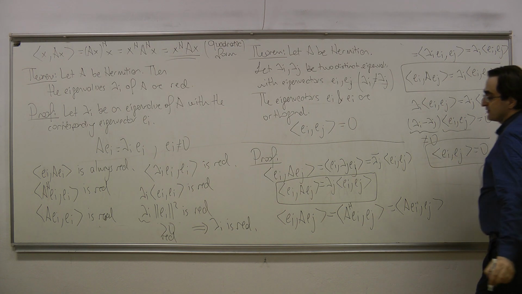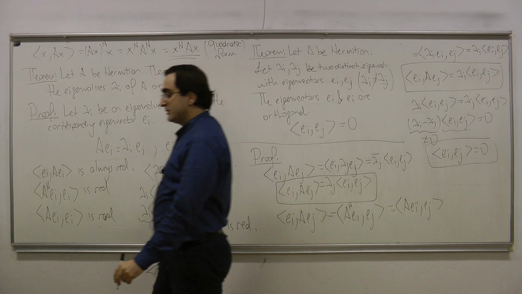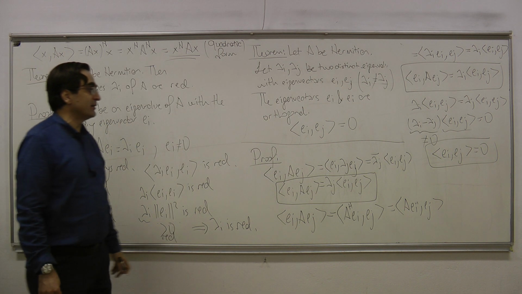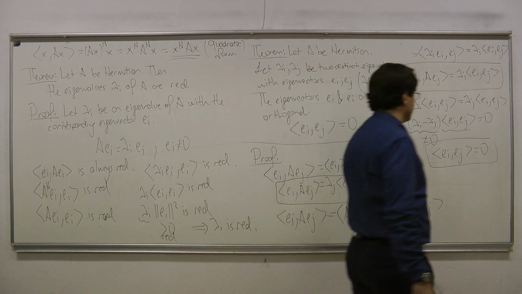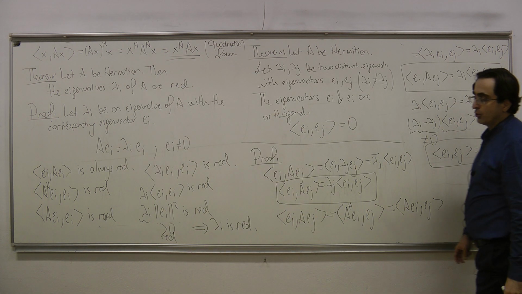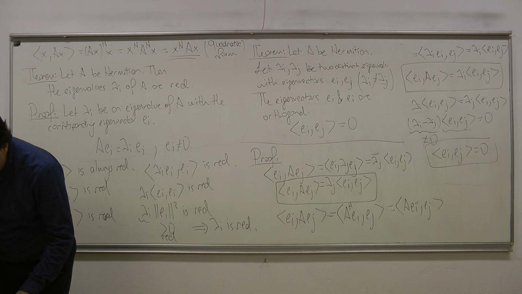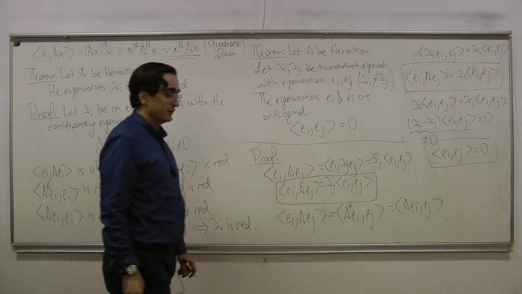I started with two arbitrary but distinct eigenvalues, and I have shown that their corresponding eigenvectors are orthogonal. This is for the case of Hermitian matrices.